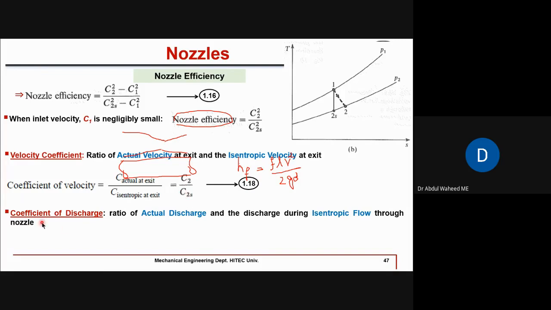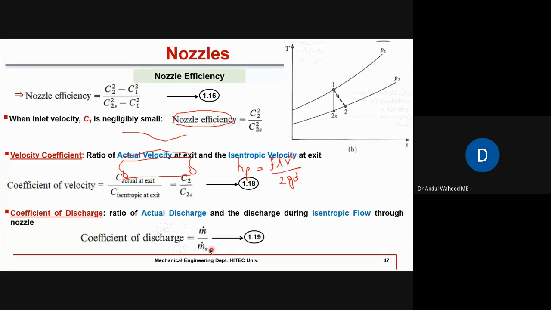Then there is one more term which is known as coefficient of discharge. Actual discharge, here discharge means mass flow rate. Actual mass, which is leaving the nozzle, divided by maximum mass which can flow through that nozzle when the flow is isentropic. So here we can define one more term to describe the performance of a nozzle as m dot over m dot s.